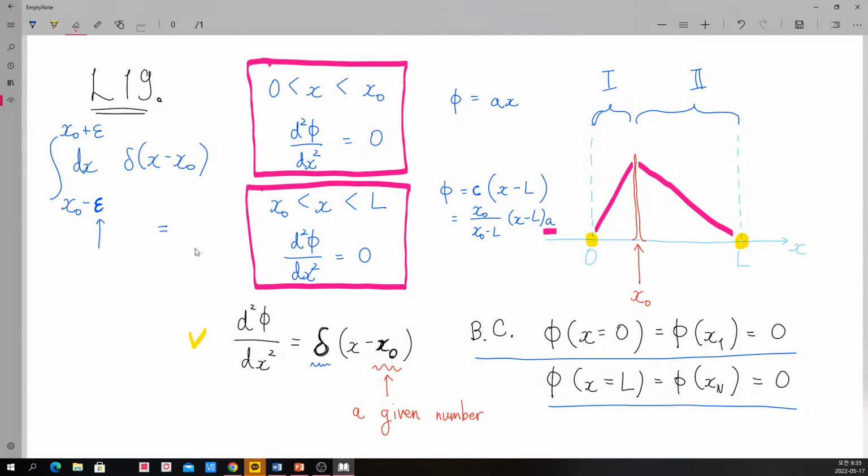Okay, so my question is just to evaluate this integration. That was my question. So what is the result of this integration?